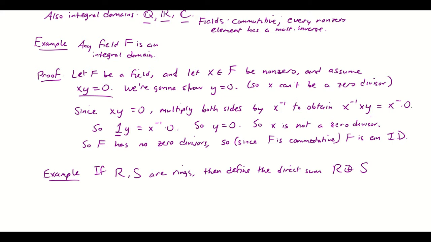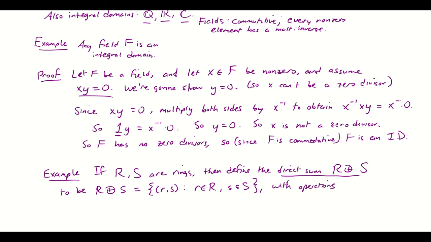The direct sum R plus S is the set of all ordered pairs (r, s), where r comes from R and s comes from S, and the operations are: (r1, s1) plus (r2, s2) equals (r1 plus r2, s1 plus s2).